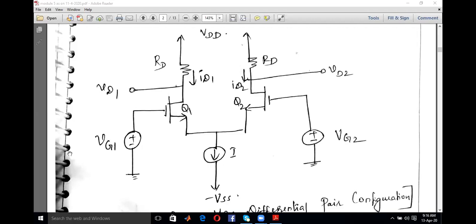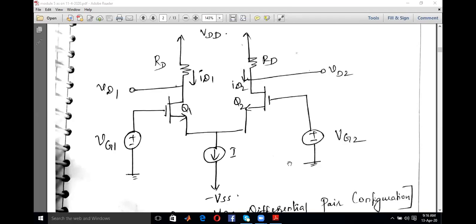Common mode means we are giving VG1 and VG2 the same, or we are shorting these two terminals. If I'm not using a separate VG2 here, and instead I'm connecting a wire from Q2's gate to Q1's gate, then VG1 is equal to VG2, isn't it? If the two inputs are the same, is there any difference? No, the difference is zero.